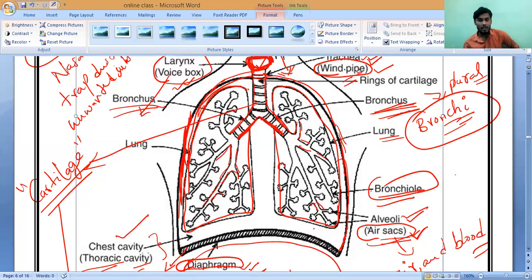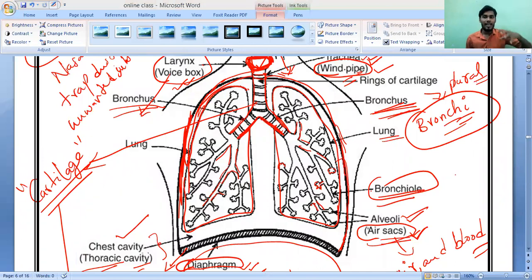Now after the bronchioles, the last part of our lung system looks like these flowers. What is this called? Alveoli, also called air sacs.